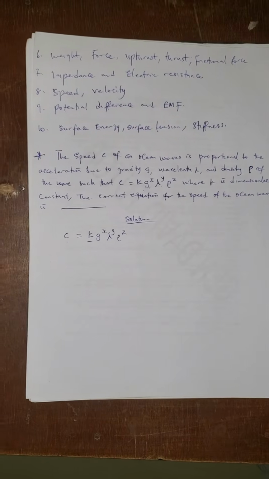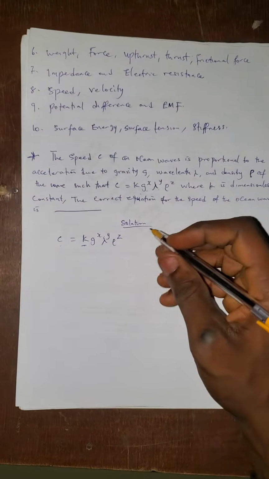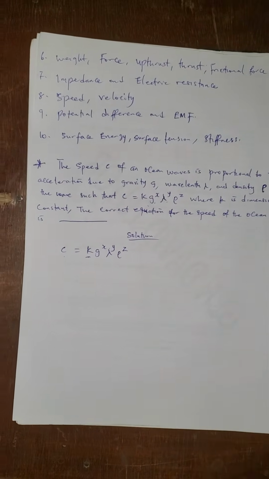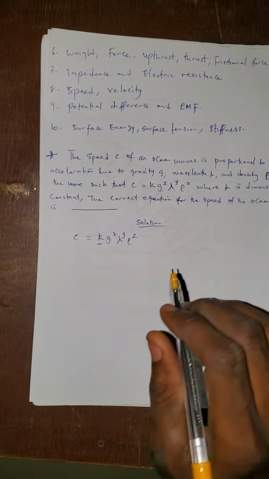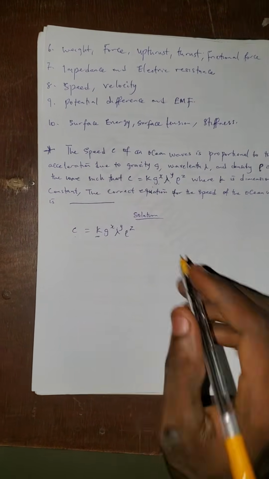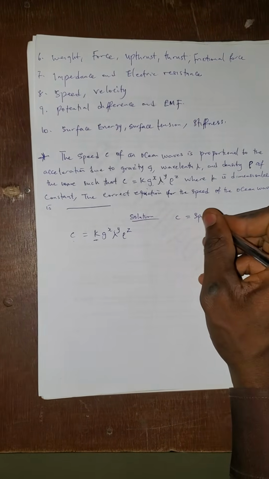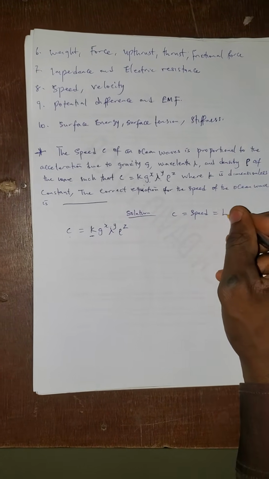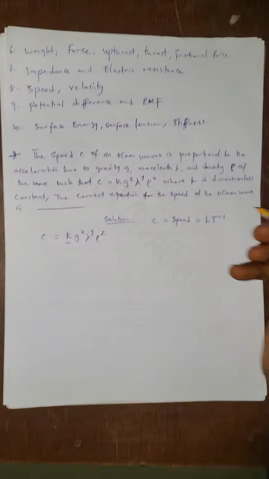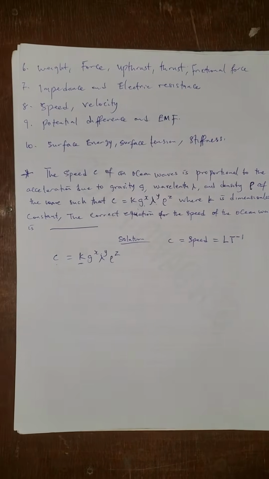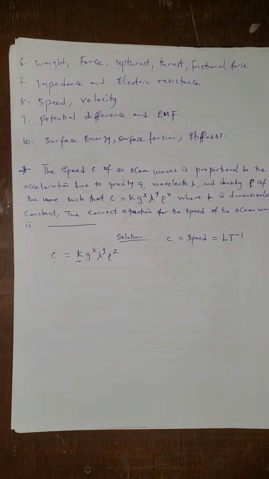Now the correct equation will be, the only thing we need to do is make the left hand side equal to the right hand side. Now c is speed, and the dimension for the speed is LT raised power minus 1. Don't forget, as I started this lecture, I gave it to you.